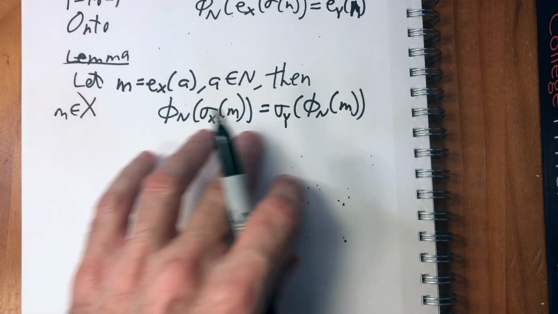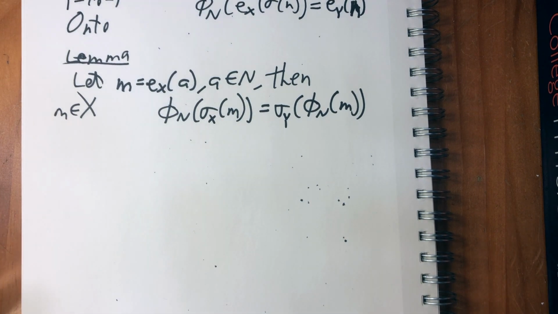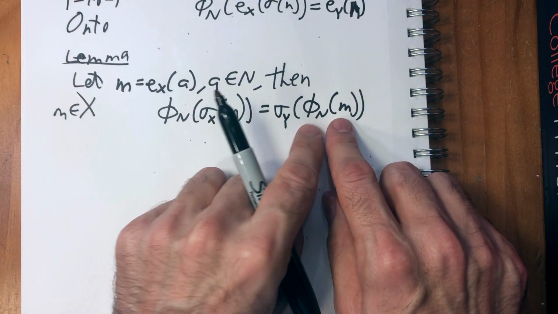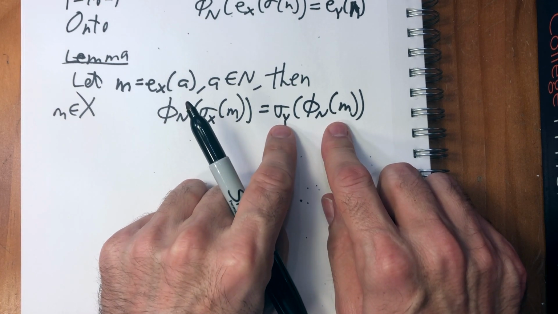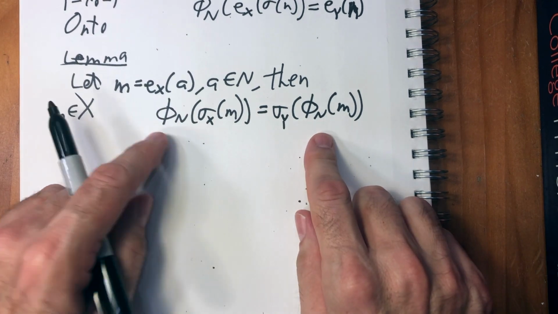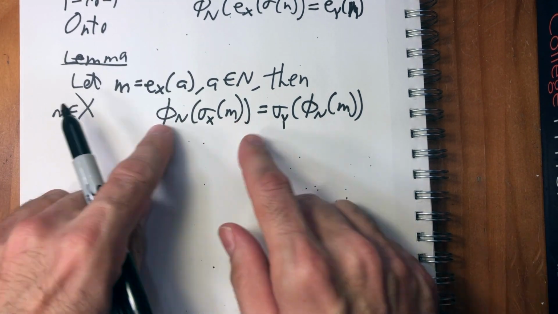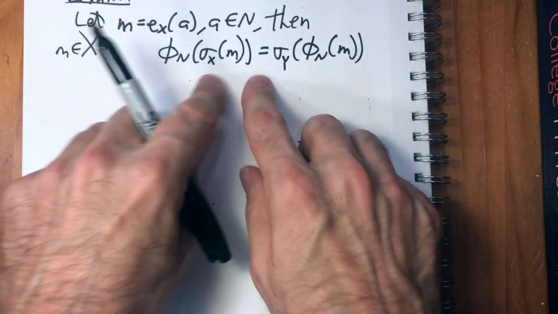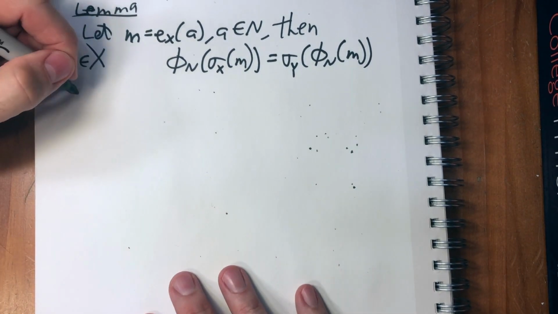So what this lemma is doing is saying that you can either take the successor first and then apply phi, or apply phi and then take the successor. So it's almost like another aspect of the isomorphism. You can either do it in x or you can do it in y, and you'll end up with the same thing. So I'm just going to prove that because we're going to use this repeatedly in the proofs of the three.